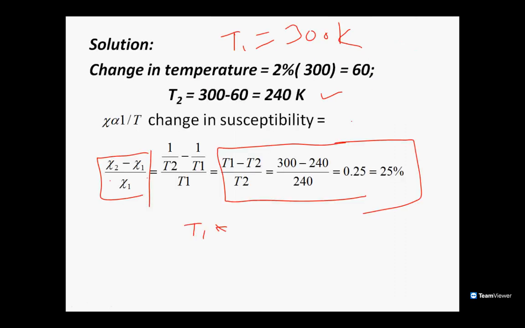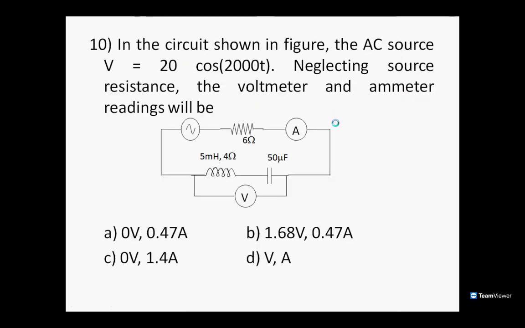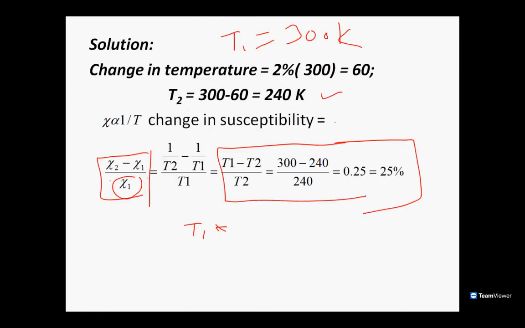What is left after simplifying is T1 minus T2 divided by T2.